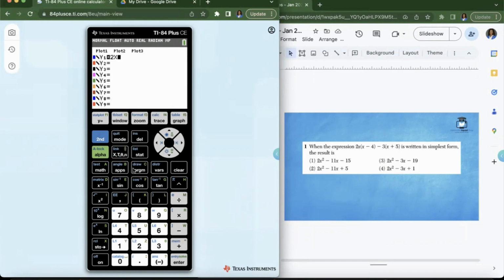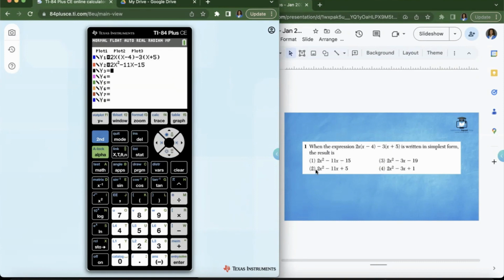We have 2x, open parentheses, x minus 4, close parentheses, minus 3, open parentheses, x plus 5. This is the given expression, and our goal is to identify which expression is equivalent. So I'm going to go to y2, and I will enter the first answer choice. So we have 2x squared minus 11x minus 15.